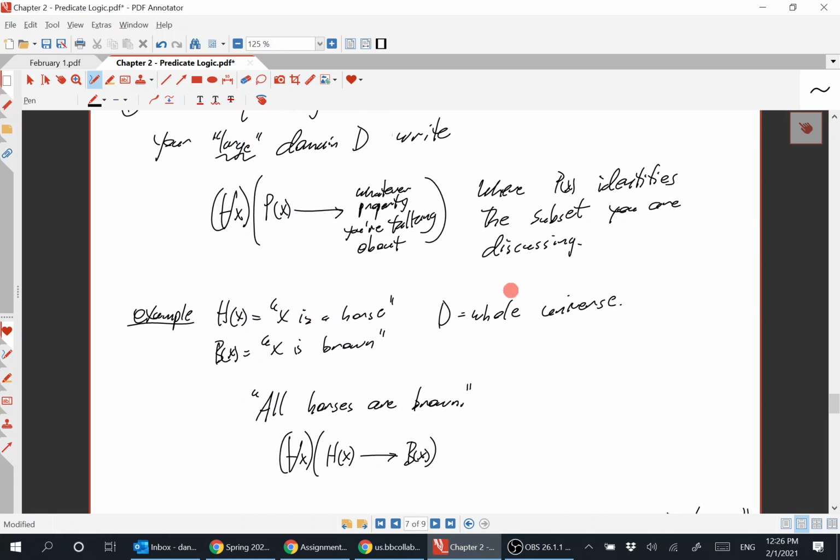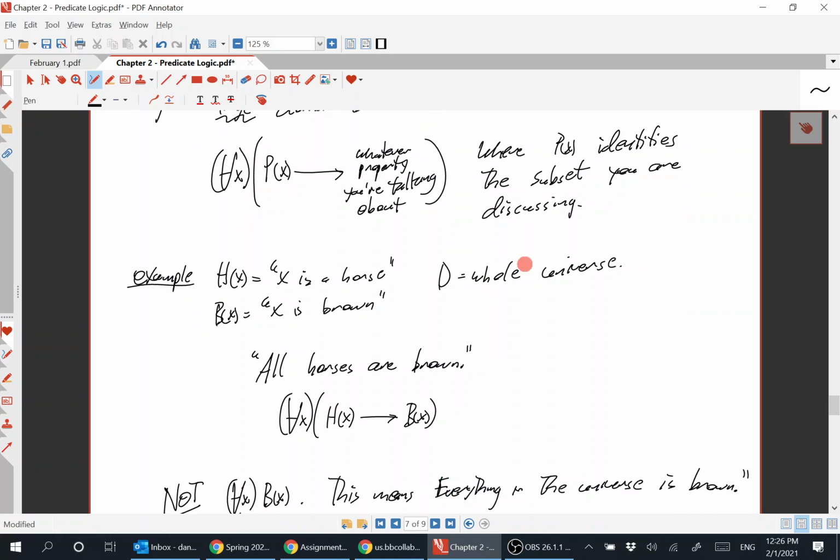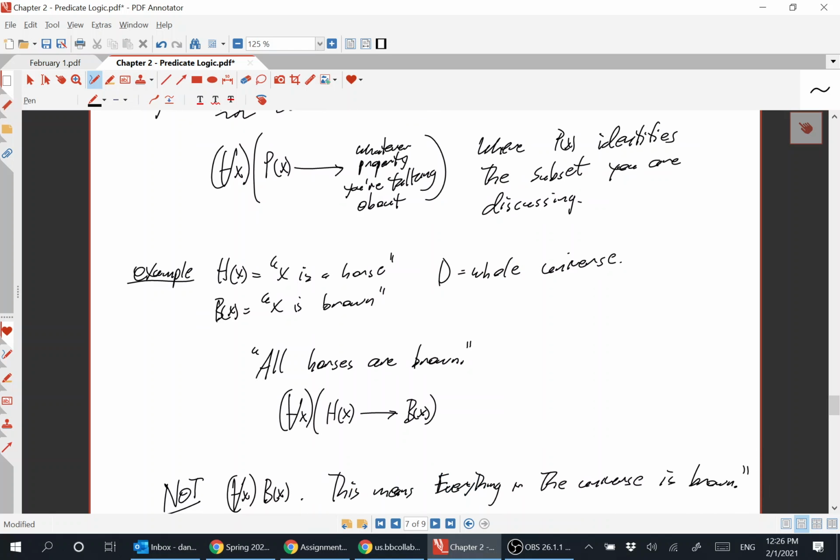For example, H(x) is a horse, B(x) is brown, D is the whole universe. You want to say all horses are brown. You don't want to say everything in the universe is brown. So in order to disregard things that aren't horses, you use the implication statement. For every x, if x is a horse, then x is brown.